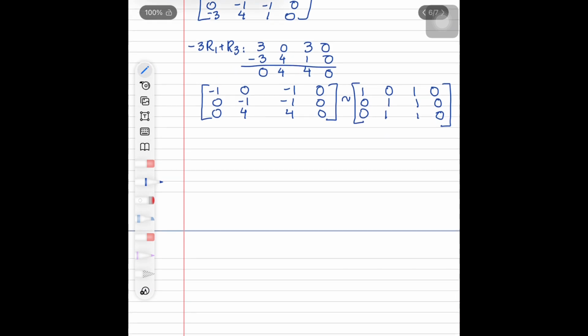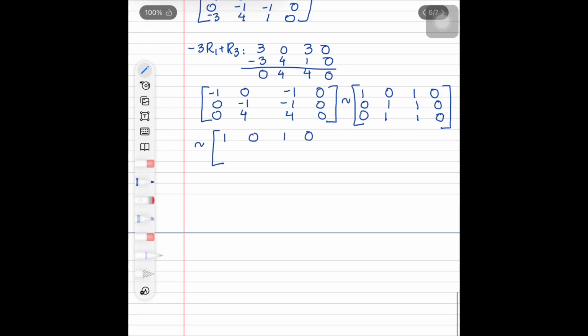We see how row 2 and row 3 are the same, so this is basically row equivalent to, on a side note, row 2 minus row 3, we'll just replace row 3, and we'll get 0, 1, 1, 0, and this right here.